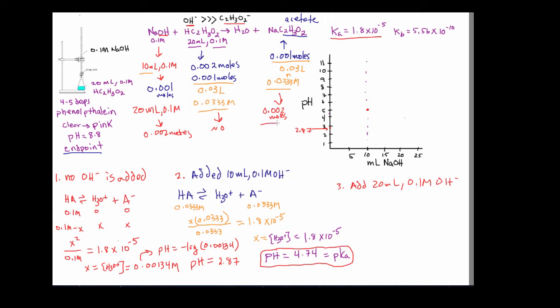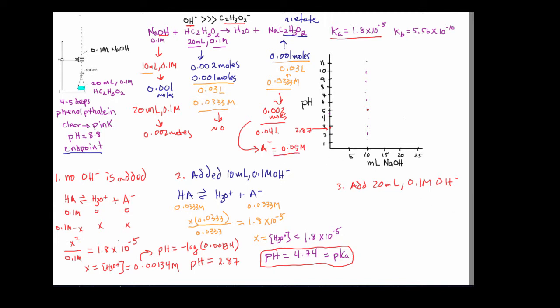Let's go ahead and do that right now. So we've added 20 mils of hydroxide. The original solution had 20 in it. So we're going to divide by 0.04 liters at this point, and the A minus concentration is going to equal 0.05 molar.